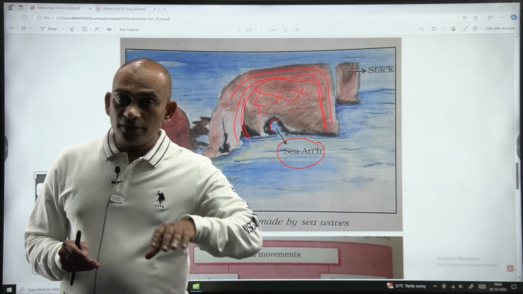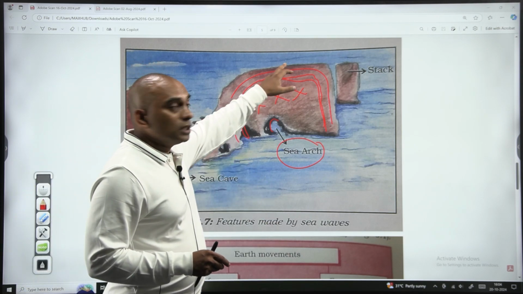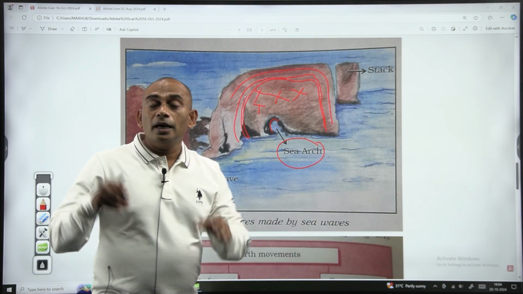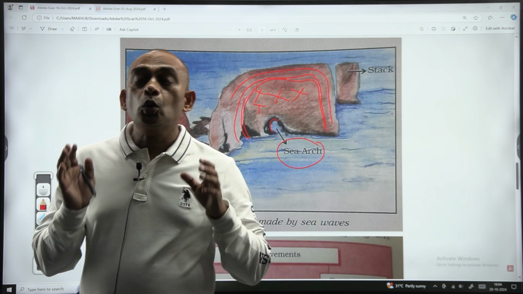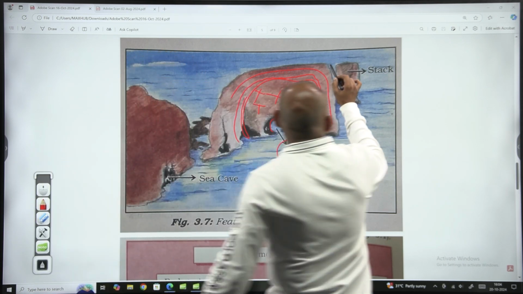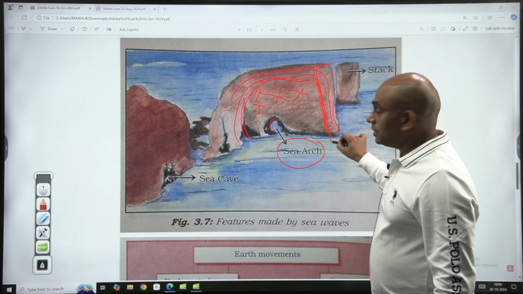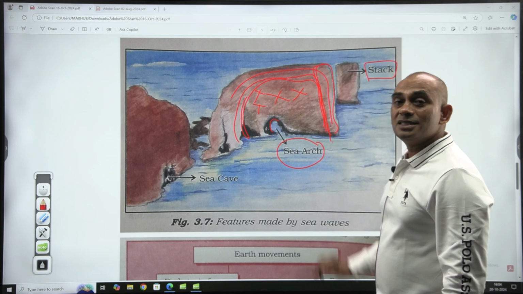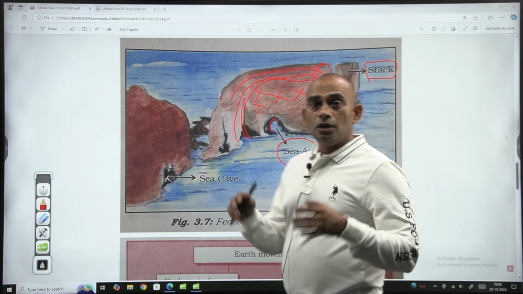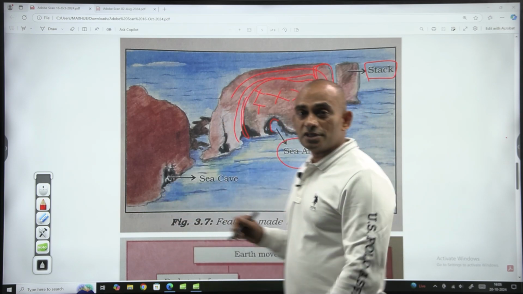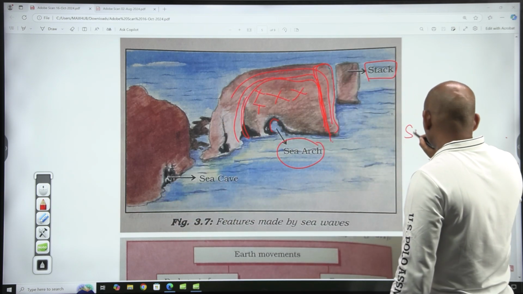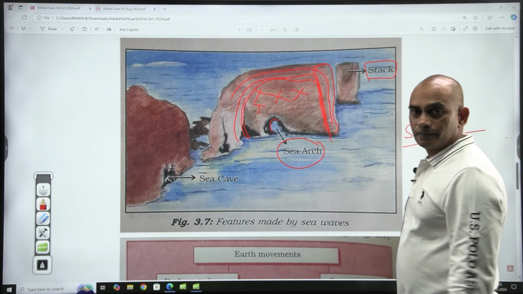The action of sea waves would finally strike at these roofs, and finally these roofs may collapse. And these wall-like structures would remain in the sea. These are known as sea stacks. Now look at another important structure, that is sea cliff. What is a sea cliff?